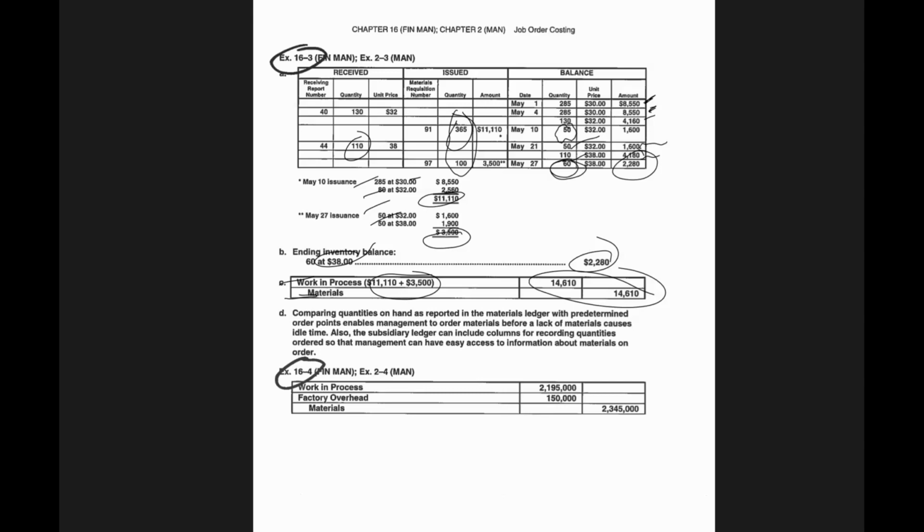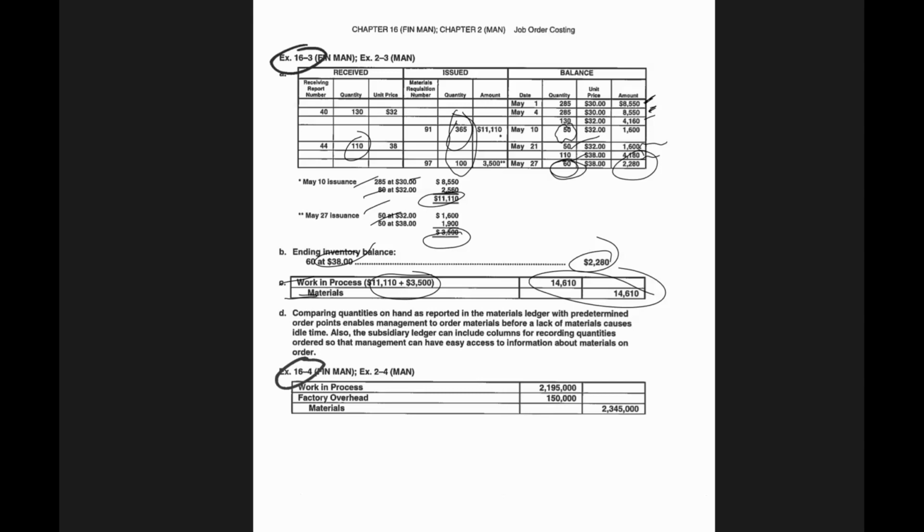Number 4, it says here's some materials. Journalize the entry to record the issuance of materials. So we got a whole bunch of requisitions there. And the thing to notice is in the job number, there's 4 jobs and one that says indirect.